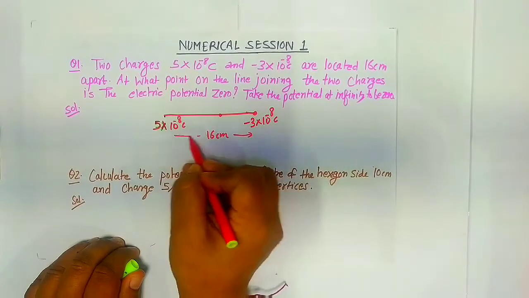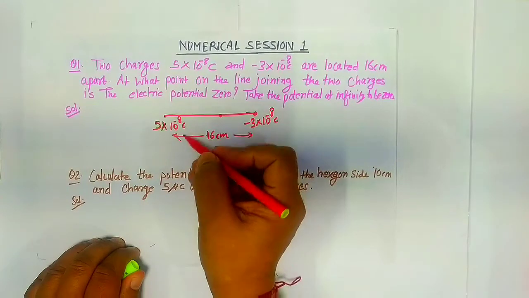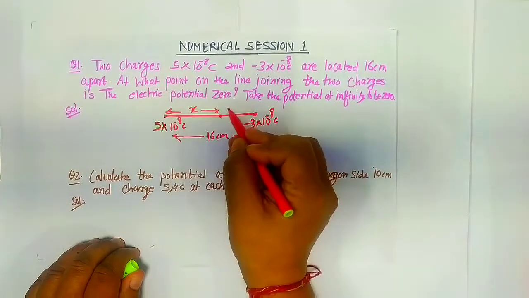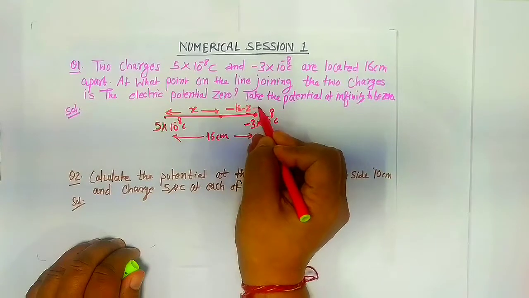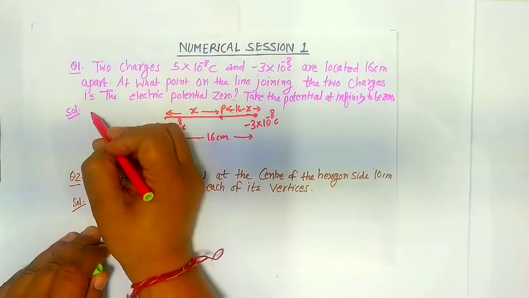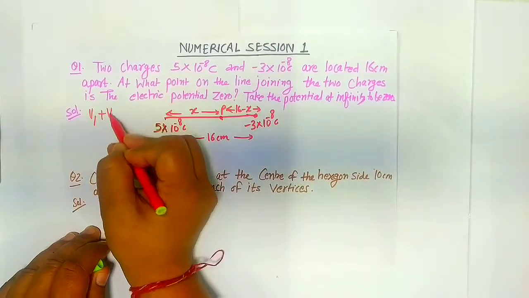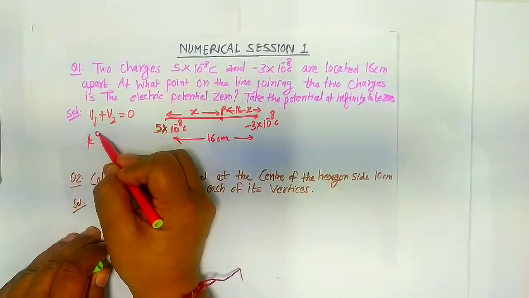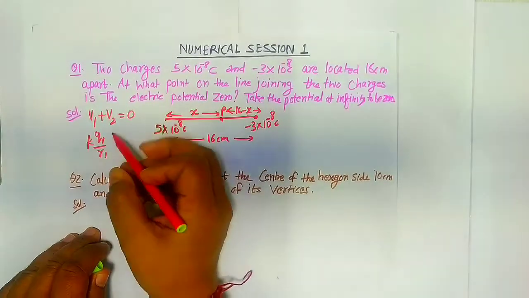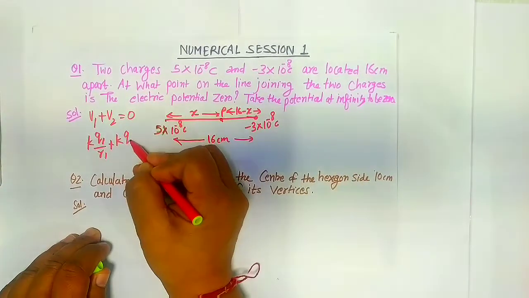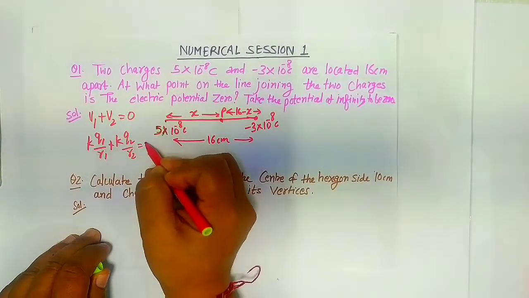So very simple, if this distance is x, it will be 16 minus x. At this point, the net potential is 0. Net potential is V1 plus V2, which is 0. And what is V1?